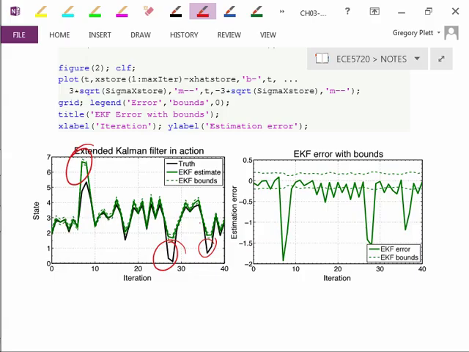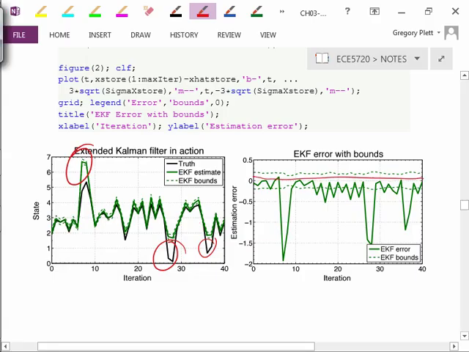The picture on the right tells a story a little bit more clearly, though, that is a little bit concerning. Here we plot the estimation error, which is truth minus estimate. And again, if you look only at the error, you could say that the EKF is doing okay. The error is certainly within plus or minus 0.5 most of the time, and even smaller than that if you don't want symmetric limits.